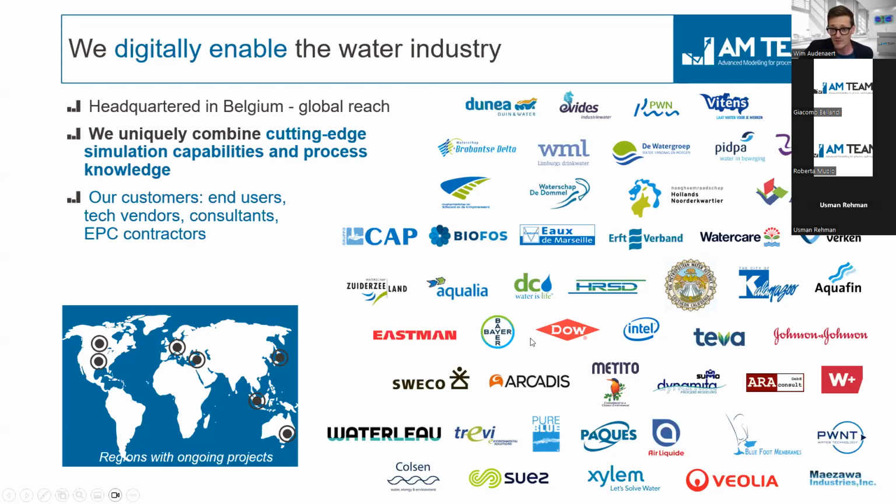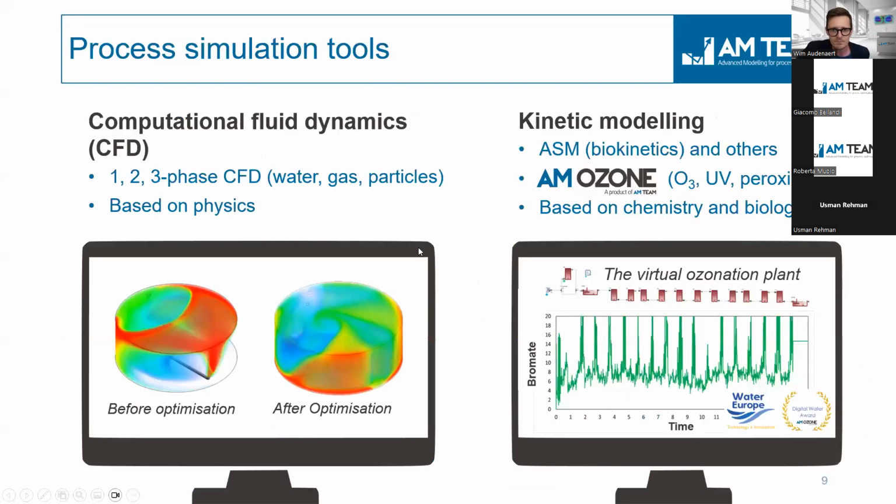But we also work with industrial end users, a very big industrial end user with specific facilities. We also work with engineering and consulting firms. So this is also rapidly growing, and a lot with technology companies as well. So we help all of those apply models to come to optimal processes as fast as possible.